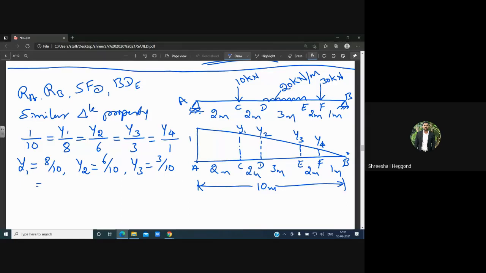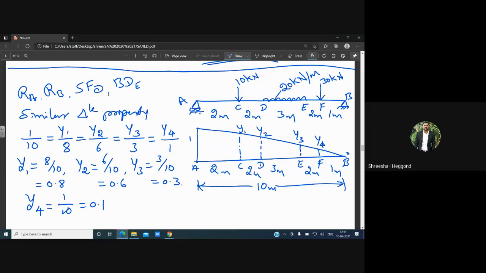And also you can write as 0.8, 0.6, 0.3, and y4 can be calculated as 1 divided by 10 or 0.1. This is how you need to calculate the ordinates.